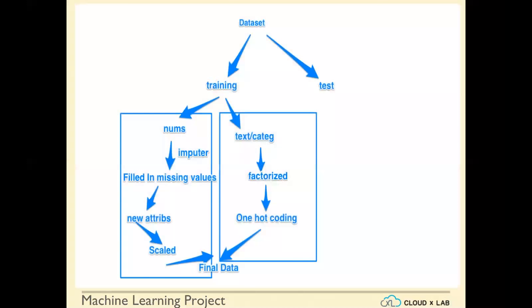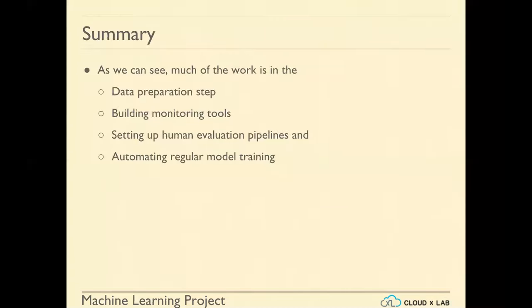All right, so this is something that we drew last time. Much of the work in this session was in the data preparation steps. We also spent a lot of time comparing the results. The other time that would go in a production environment is building monitoring tools, setting up human evaluation pipelines, and automated regular retraining.